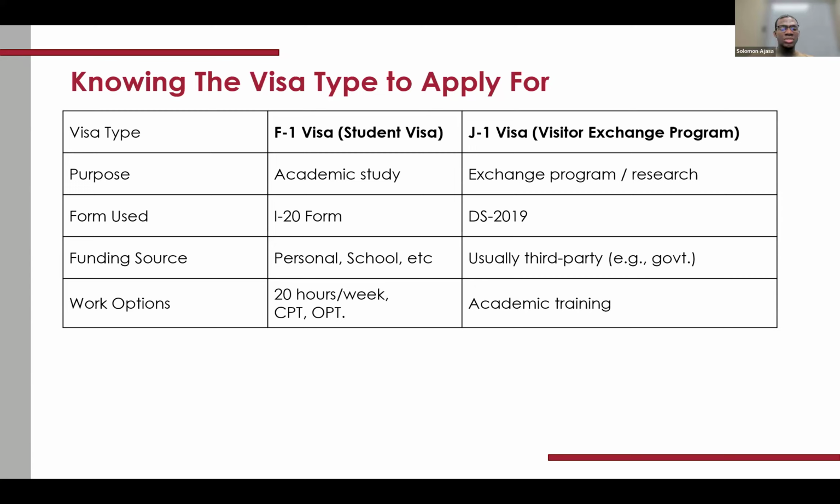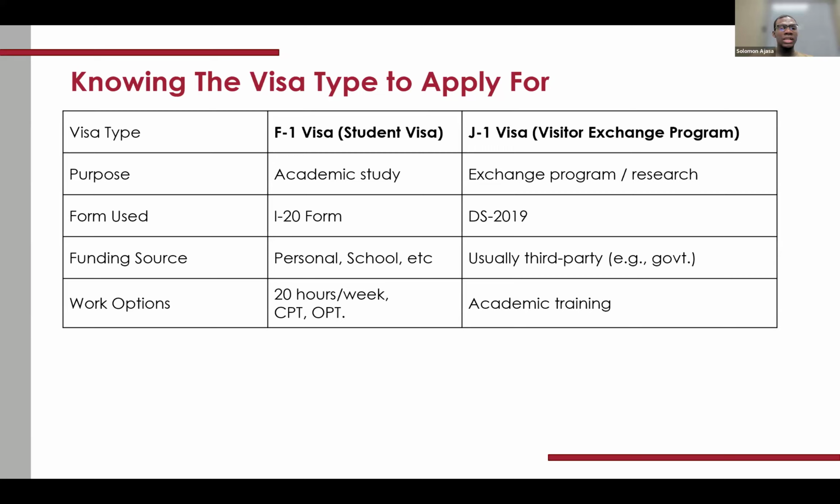The very first thing to begin with is to know the different visa types. After you have gotten some of the documents from the university, you would be required to fill some forms. The first thing that confuses a lot of students is what type of visa to apply for.